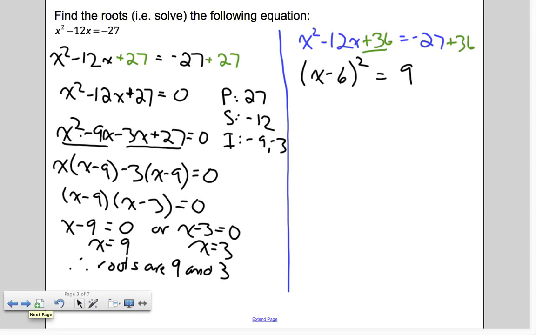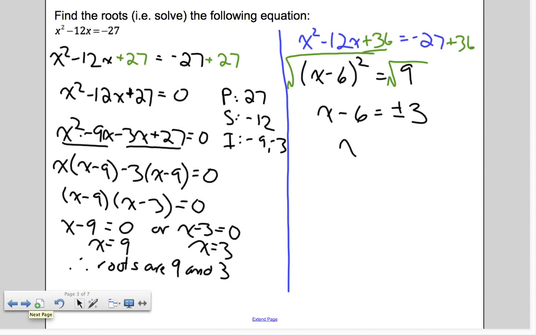Now I want to solve for x, so I'll take the square root of both sides. x minus 6 is equal to plus or minus 3, right? The square root of 9 is plus or minus 3.